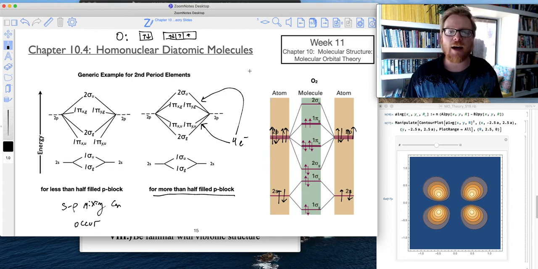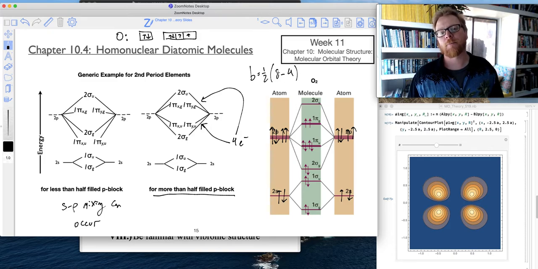So now what about the bond order of oxygen for this? Well, 1/2 times, and I've got 8 bonding electrons, and I've got 4 antibonding electrons. 8 minus 4 is 4, times 1/2 is 2, and we know oxygen has a double bond with 2 lone pairs.